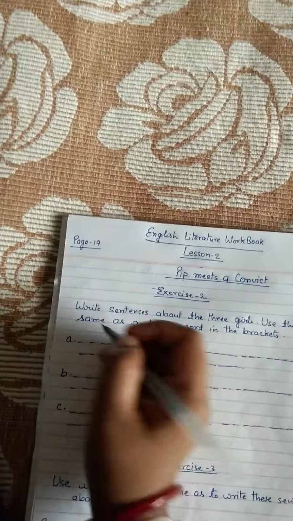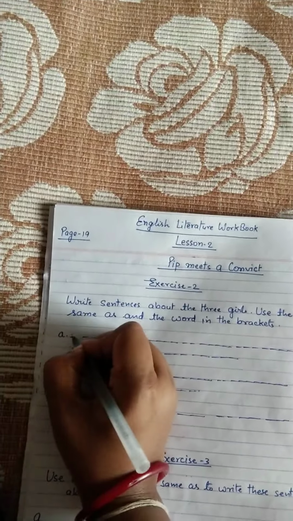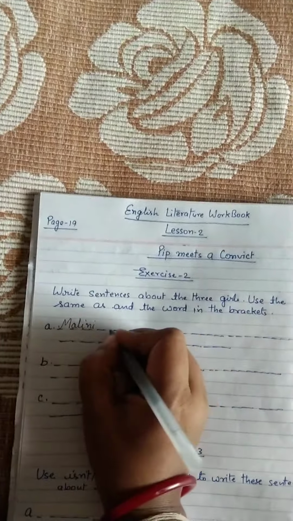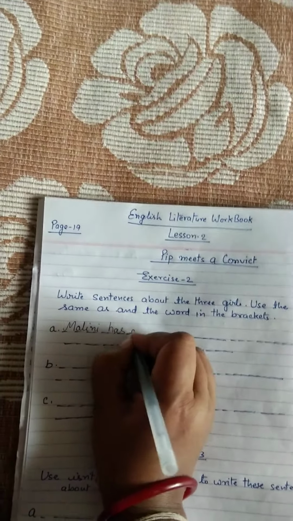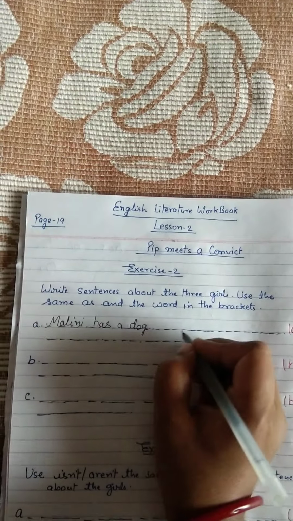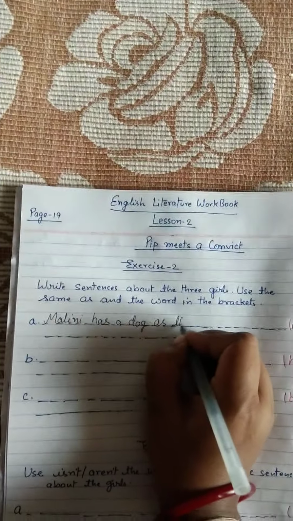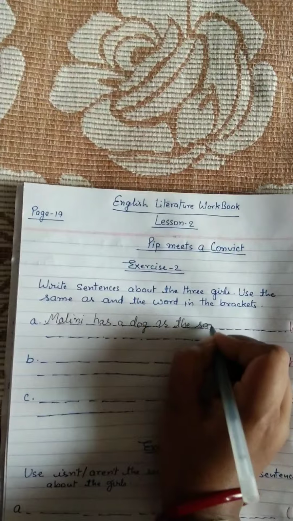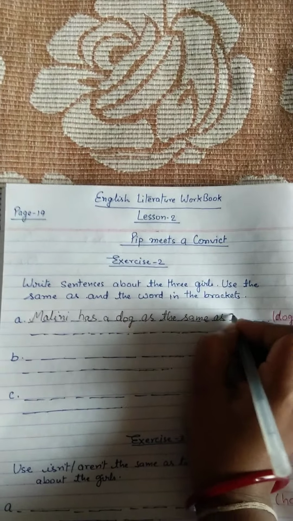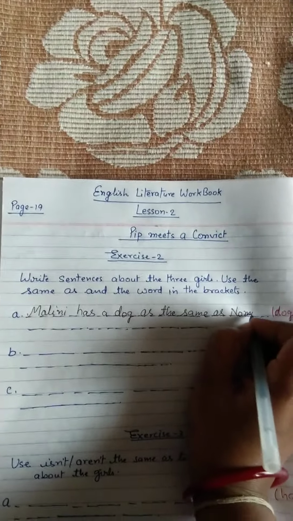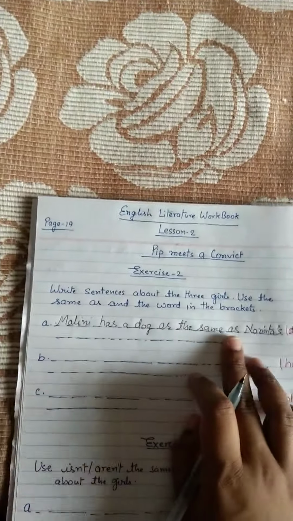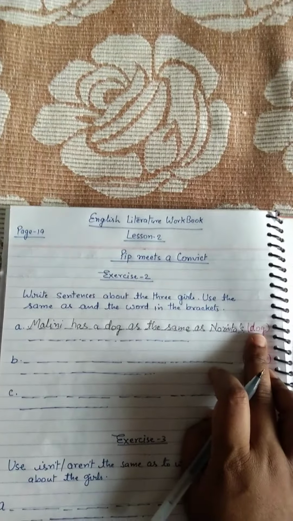You can write: Malini has a dog the same as Namita. Okay, the first option is complete like this. You can use the word dog.